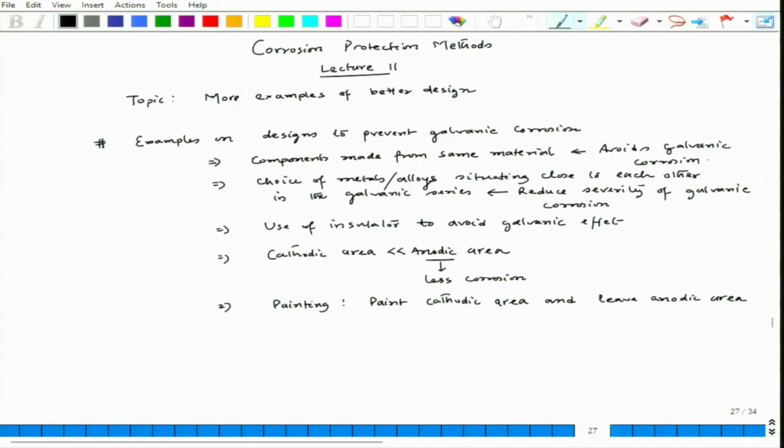For example, let us say we have steel components, two steel components which are to be riveted, and there we use an aluminum rivet.